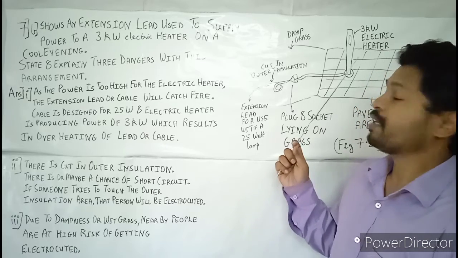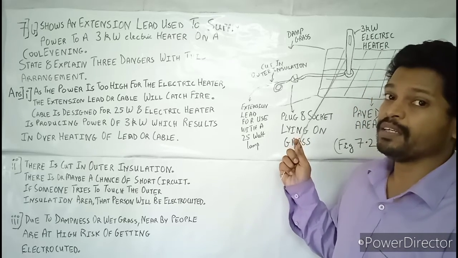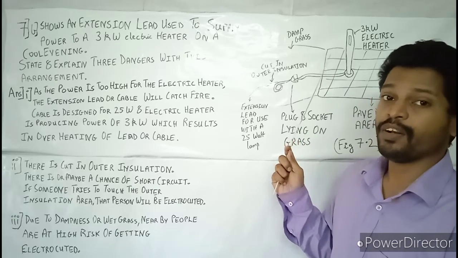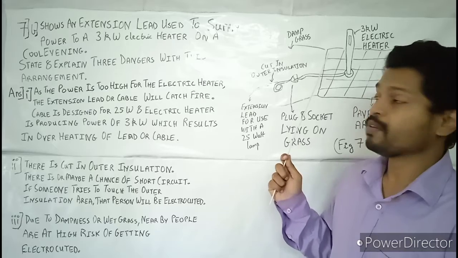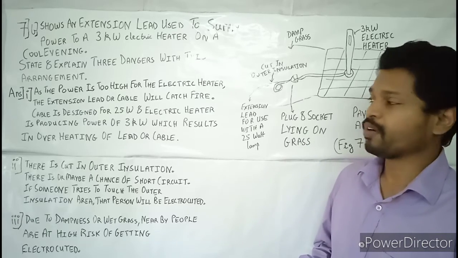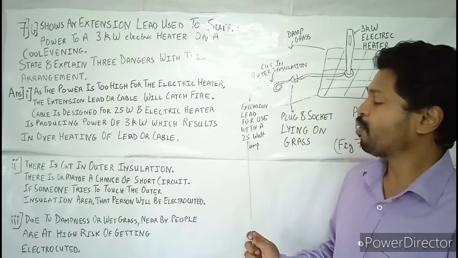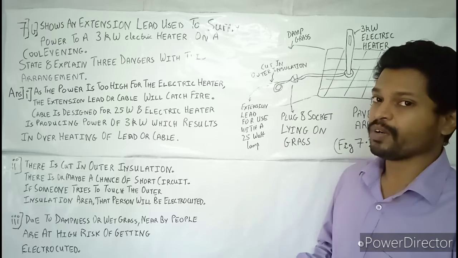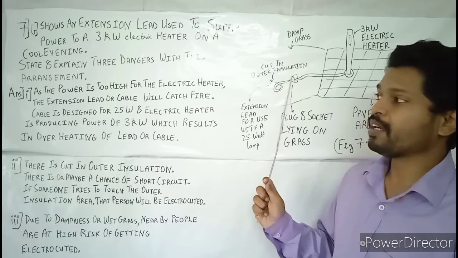But the current taken by the electric heater, you can see over here, is 3 kilowatt. So 3 kilowatt, you are already aware, is 3 into 10 raised to 3 watts. So it is taking more than the current that is passing through over here. So this is the figure given.